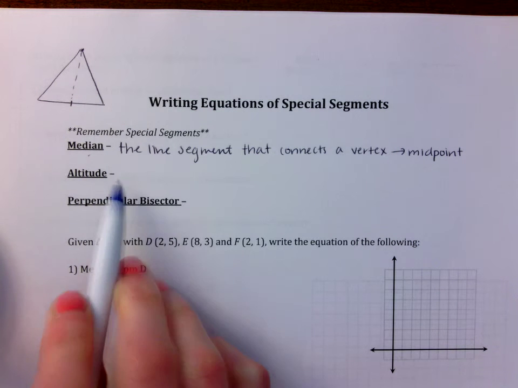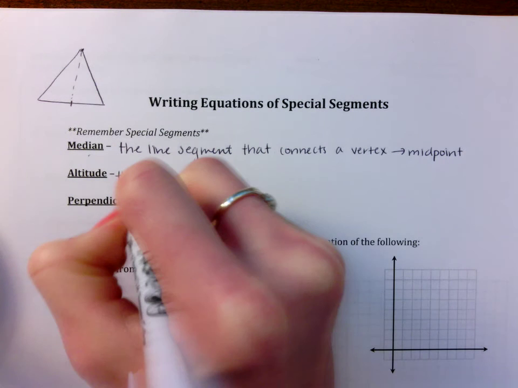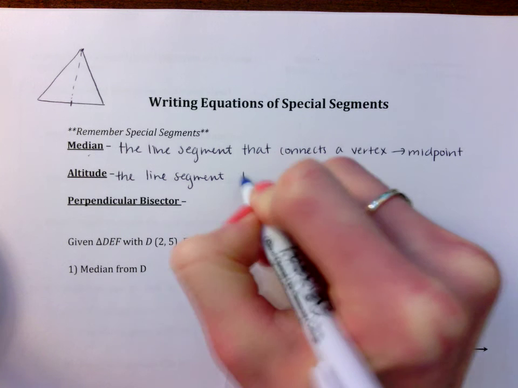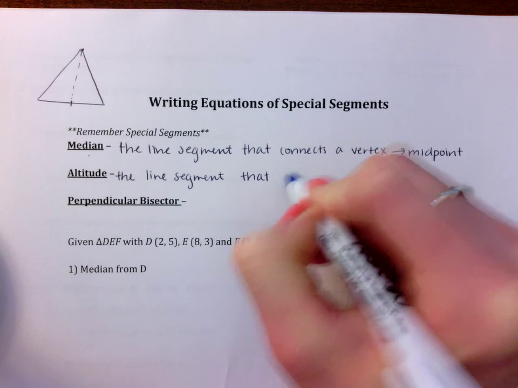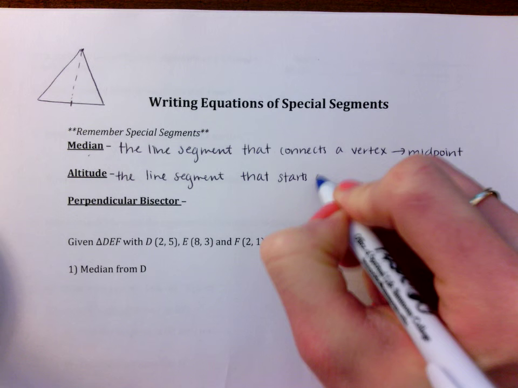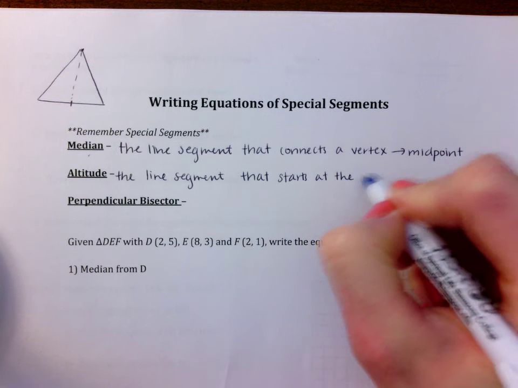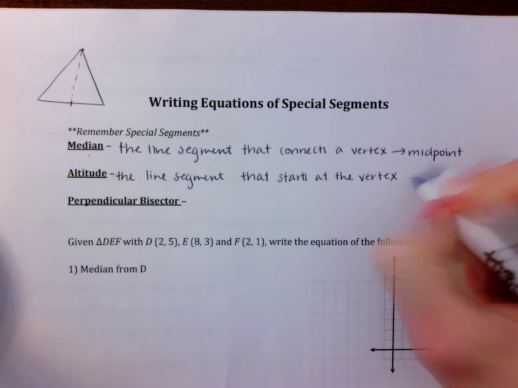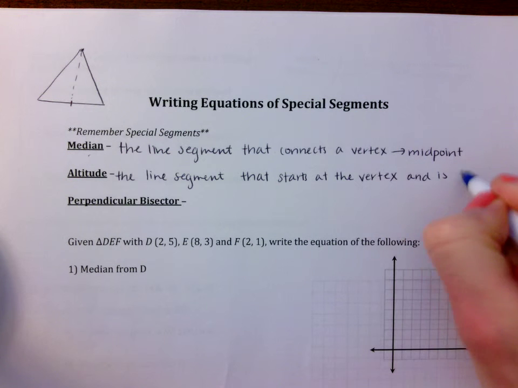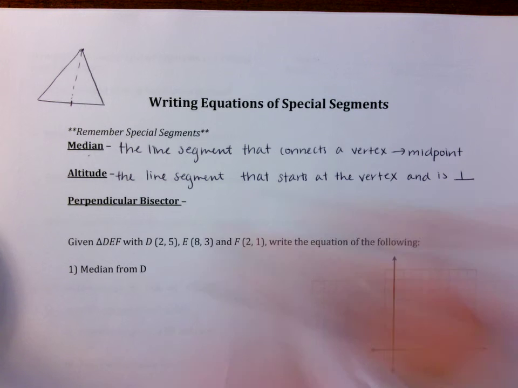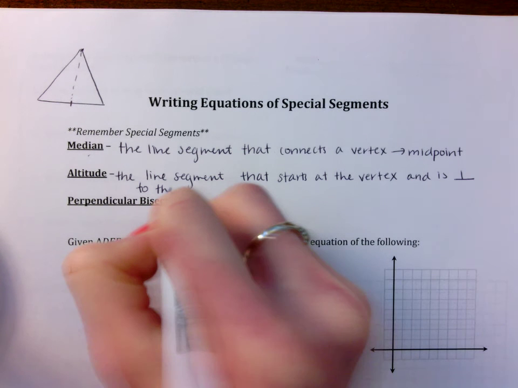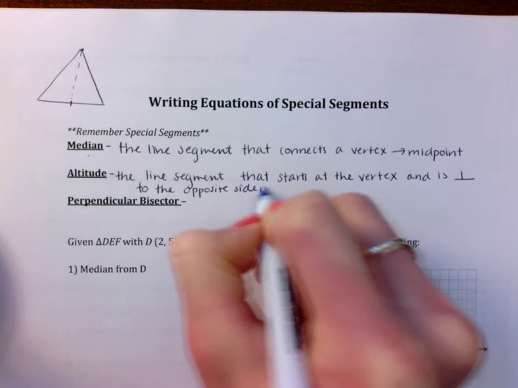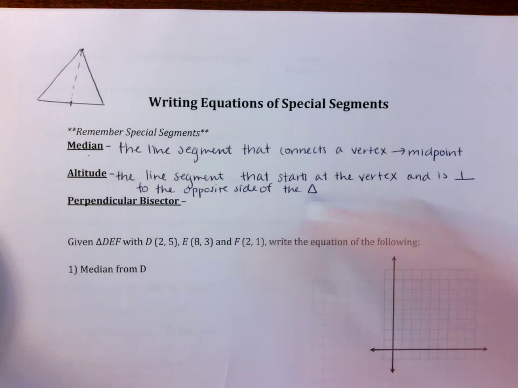Okay, and the altitude, if you remember, is the line segment that starts at the vertex, one of the vertices, and is, remember, perpendicular to the opposite side of the triangle.